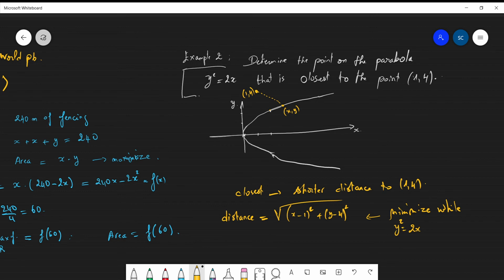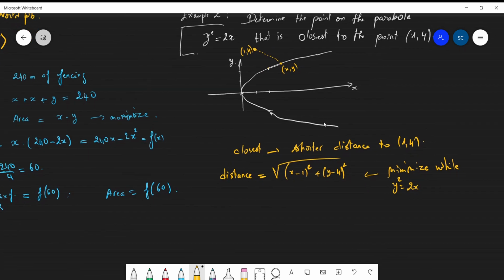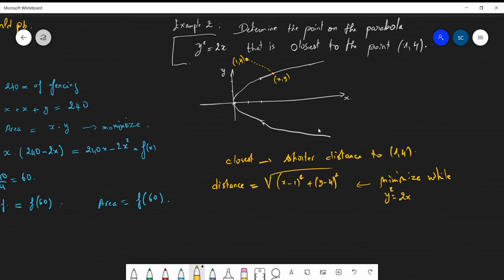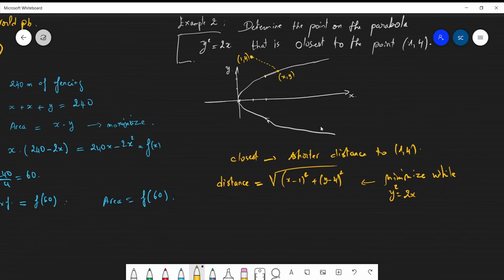Why not include this information inside the distance? I will replace x. It's much easier than taking the square root of y and discussing the sign.